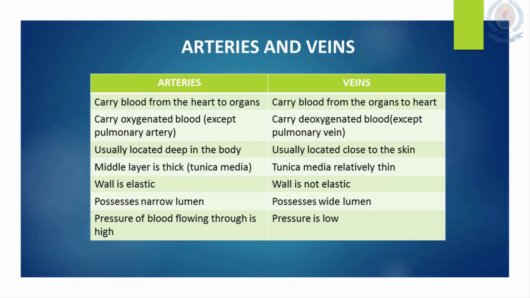Arteries possess a narrow lumen, and veins possess a wider lumen. And when considering the pressure of blood, the pressure of blood flowing through the artery is very high, but in veins the pressure is very low.